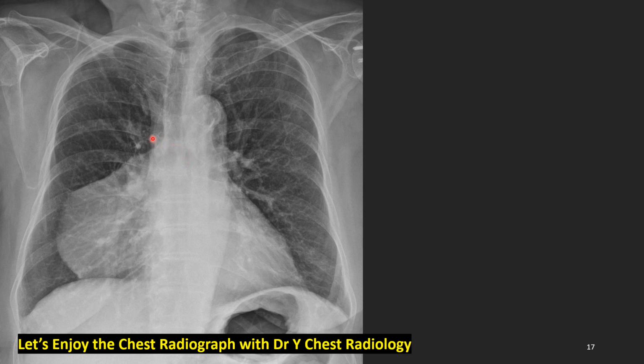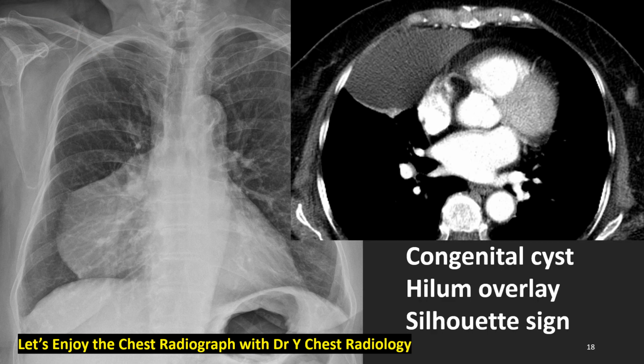Let's imagine the CT findings. On this axial enhanced CAT scan, we see the fluid density touching right heart border, not touching pulmonary arteries. Yes, prevascular compartment, congenital cyst, hilum overlay sign. Yes, silhouette positive sign.